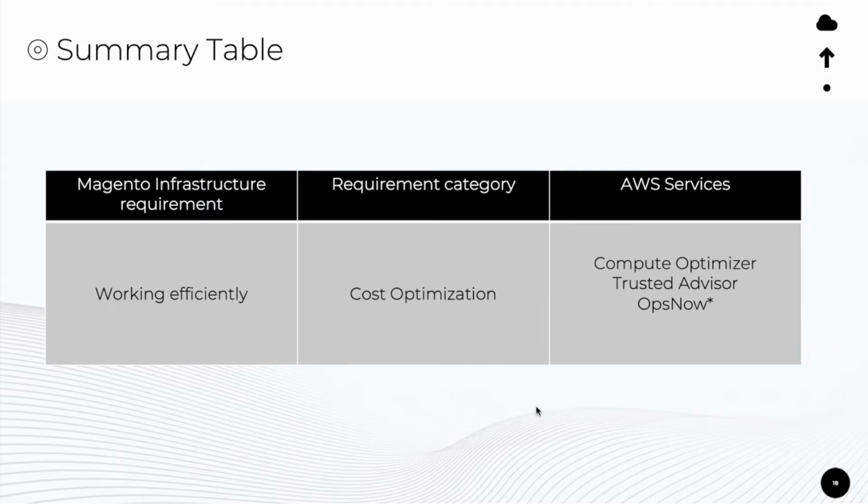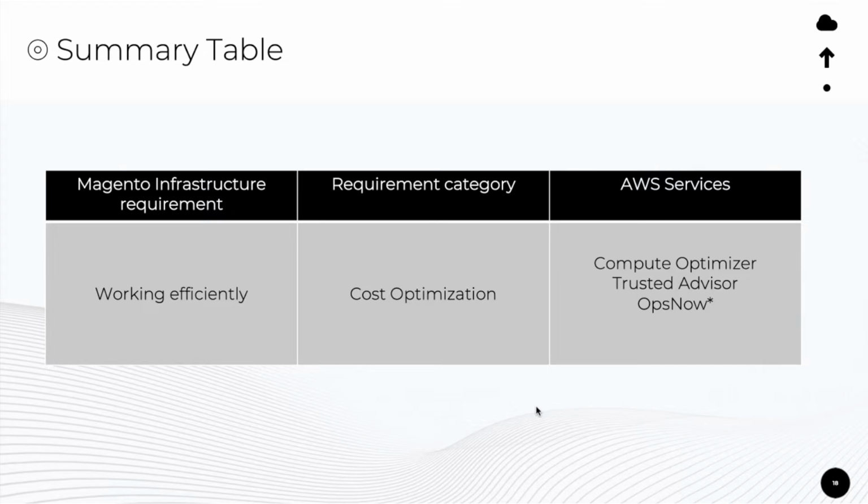And we should always look at cost optimization, since we are running the Magento platform on AWS and using different services. There will be a consumption cost associated with these services.